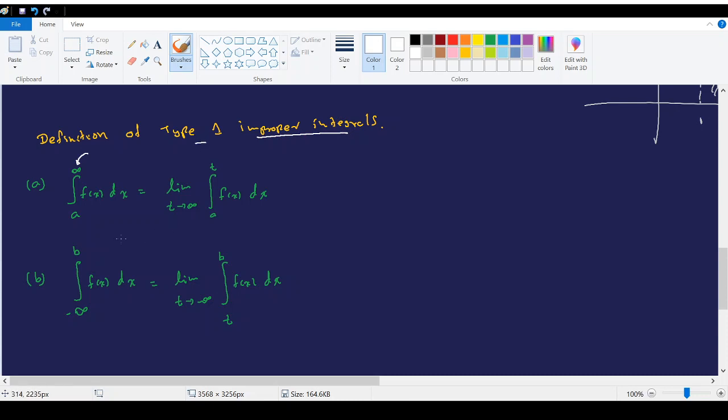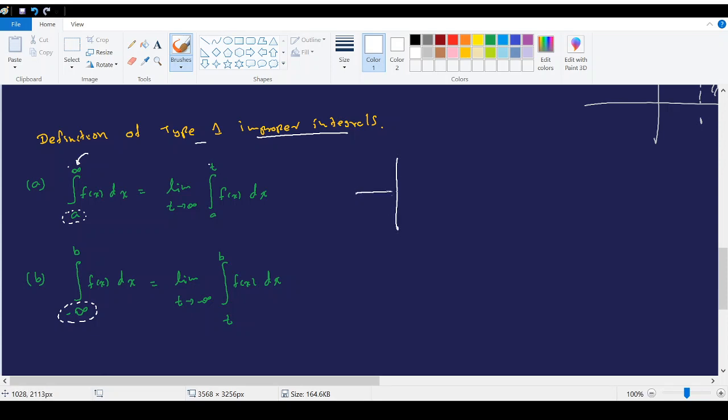And how do we compute such an integral? We just consider the limit of these definite integrals. Now this infinity can also take place at the lower limit as well, right? And another thing, this finite number need not always be 0.